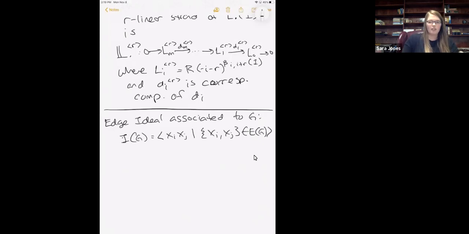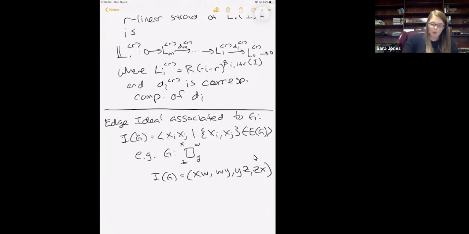So all the generators of the ideal represent edges in the graph. Easy example here, if G is this square with vertices X, W, Y, and Z, then the edge ideal associated to G is given by XW, WY, YZ, and ZX, and those are the four edges you have in your graph. So that's an edge ideal.